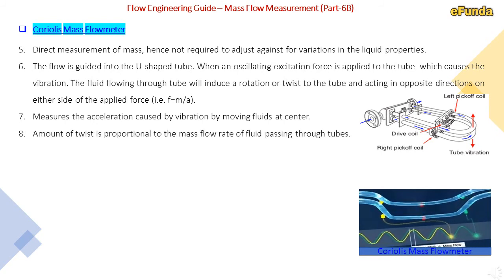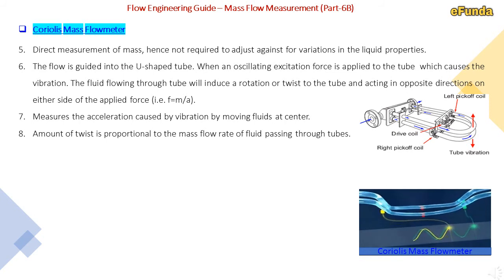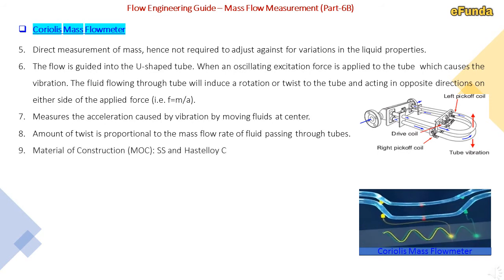The amount of twist is proportional to the mass flow rate of the liquid passing through the tubes. Material of construction, that is MOC, is available in stainless steel and Hastelloy material.